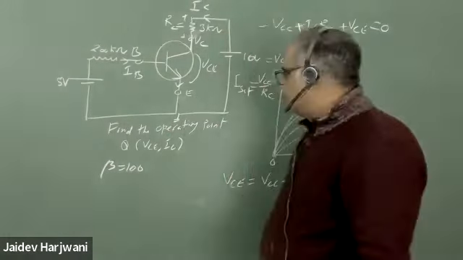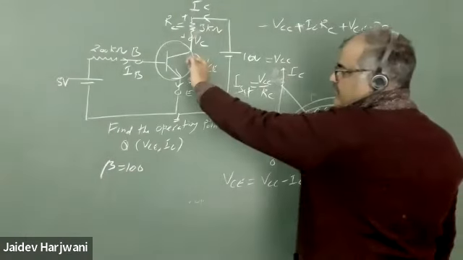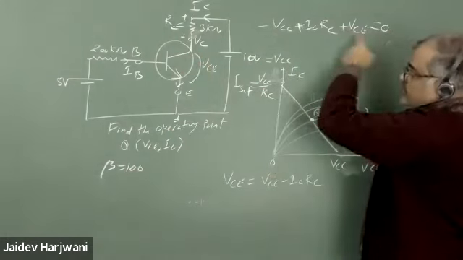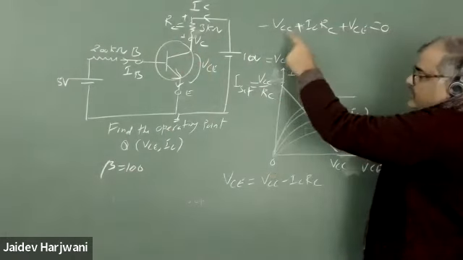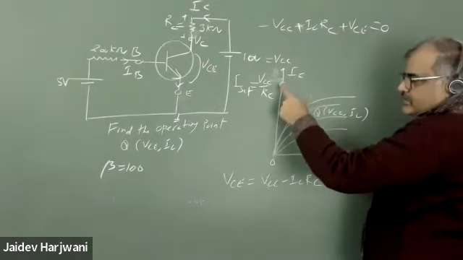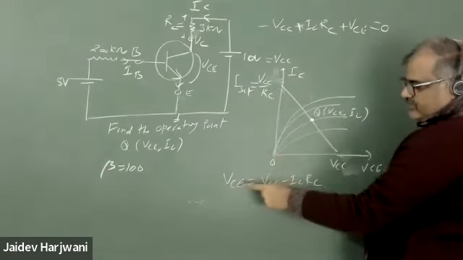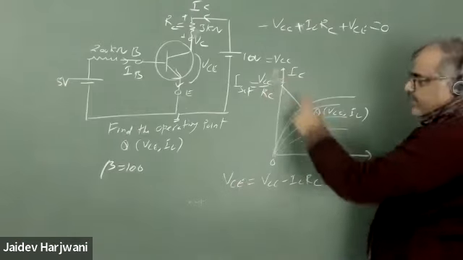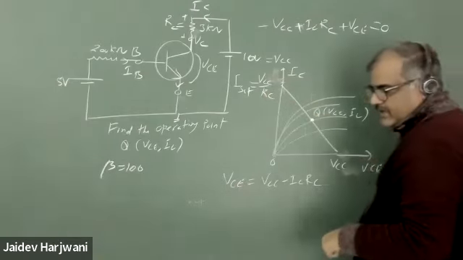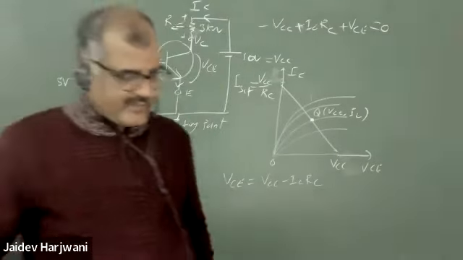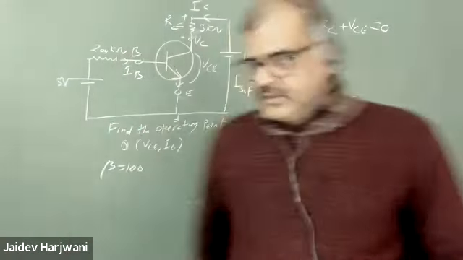Whenever your VC is 0, this equation limits the maximum value of current here, which is equal to VCC upon RC because VC is 0. So this is the end point of this line, and this is called your DC load line of the circuit.